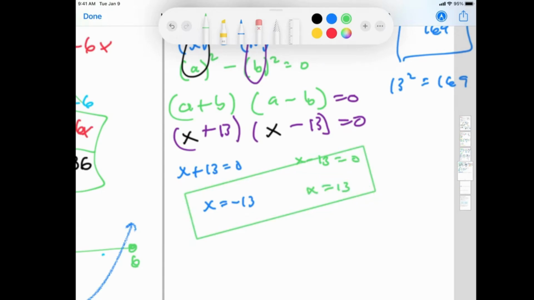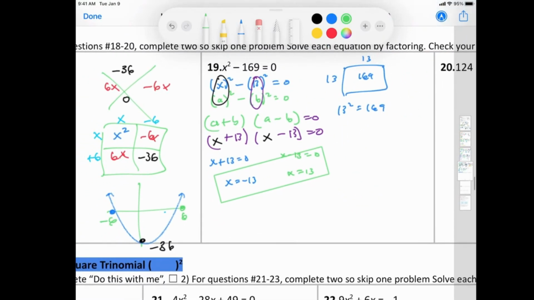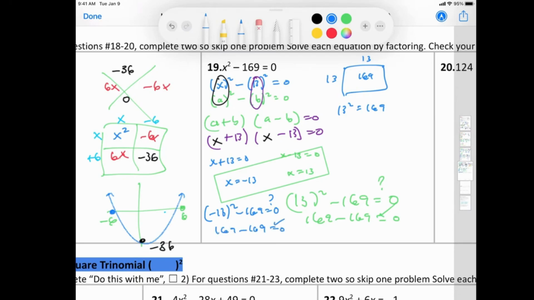Okay, and then we gotta check our answer. So 13 squared minus 169, does that equal 0? 169 minus 169 does equal 0. Yay. Negative 13 squared minus 169 equals 0. 169 minus 169 is equal to 0.